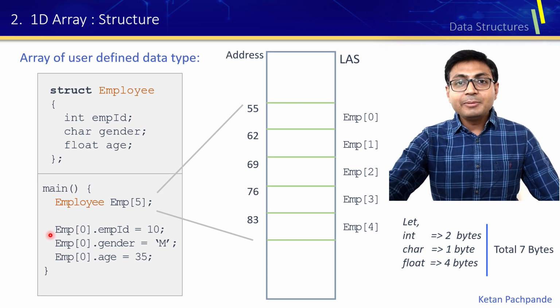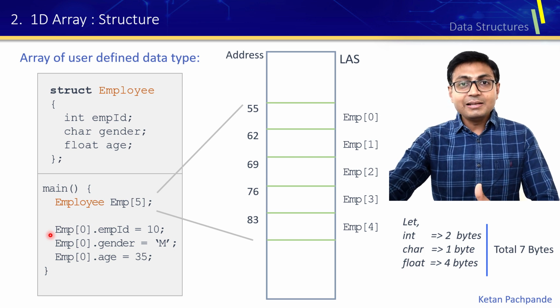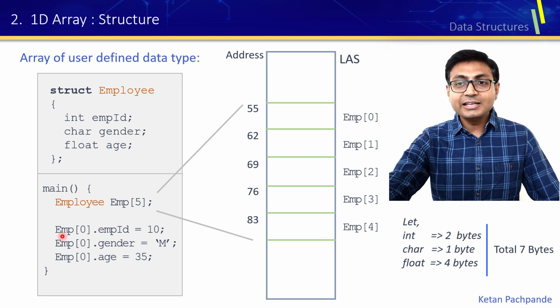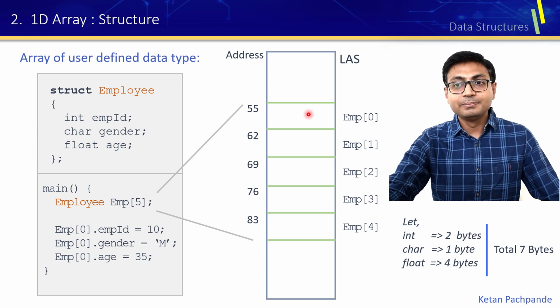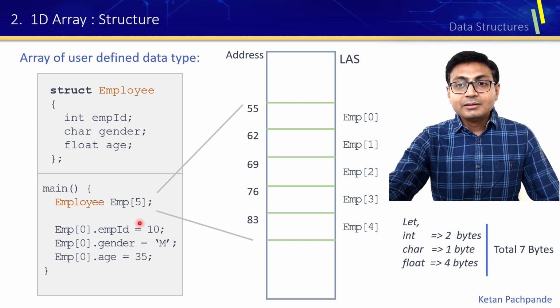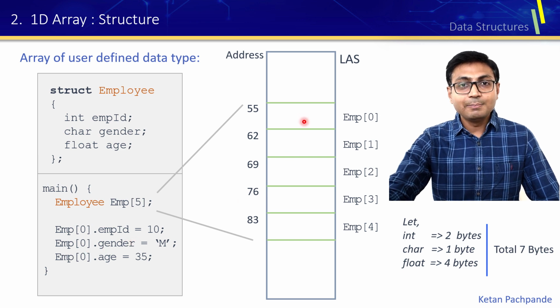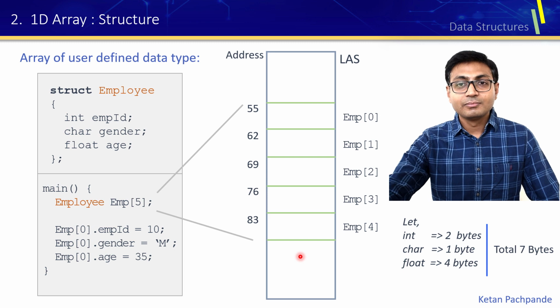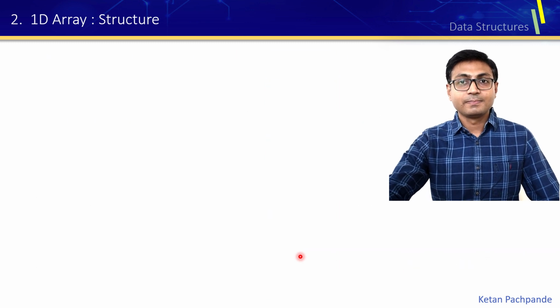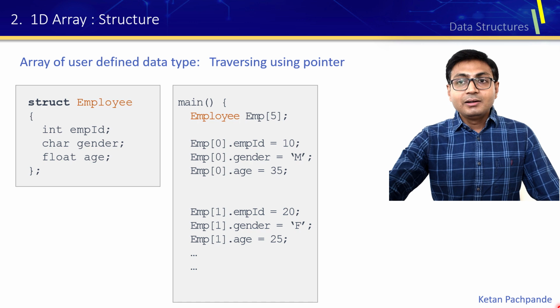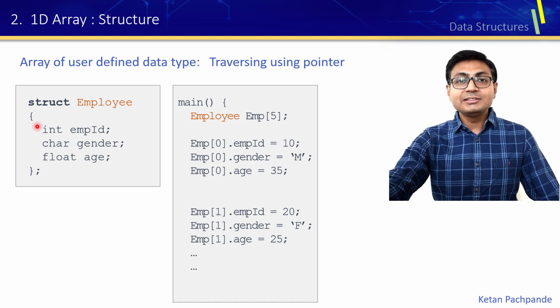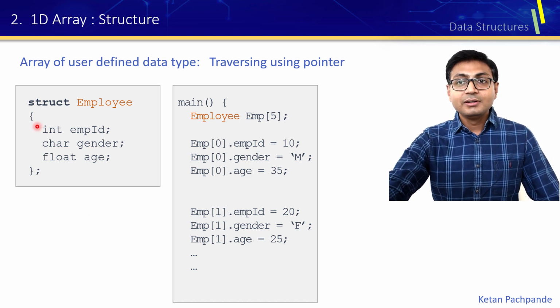Now accessing the elements within the elements is very simple. You just say employee[0].employeeID is equal to 10, and 10 will be stored in the first employee's employee ID. Employee[0].gender, gender will be stored in the first employee, and so on. Now let me show more about how to traverse these elements of the array of structure.